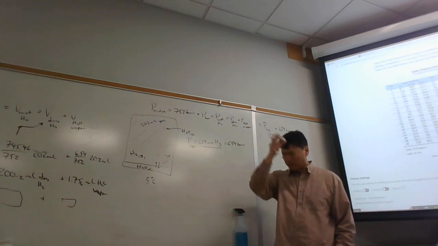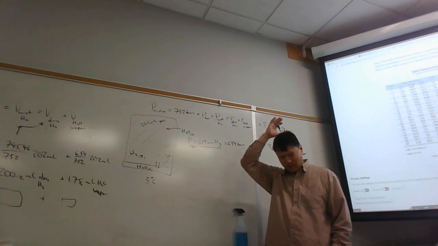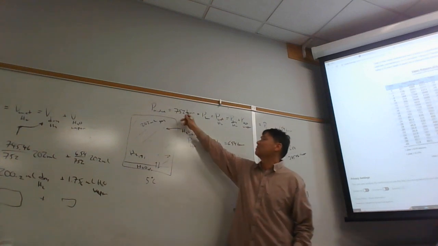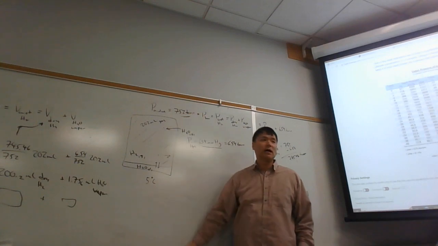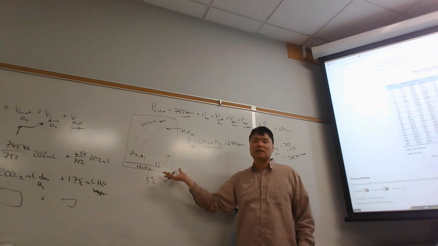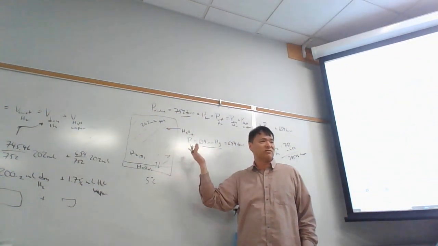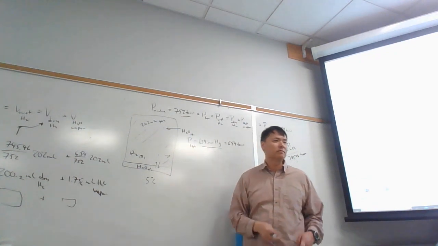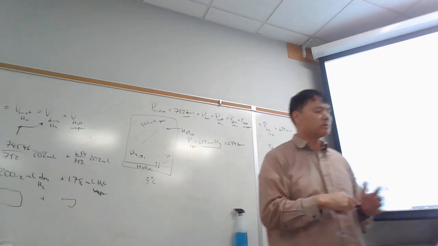And this is why the vapor pressure of water is such a useful thing, and this is why we can just read it right off the table. However, the pressure fraction can depend on how much you had. And so if we had 760 millimeters of pressure that day, then the pressure fraction would be different, which would give us a different volume fraction. And so we did have to do the pressure fraction first.